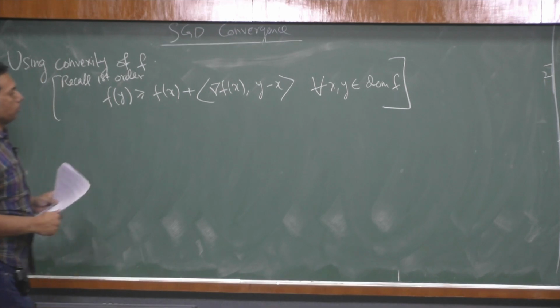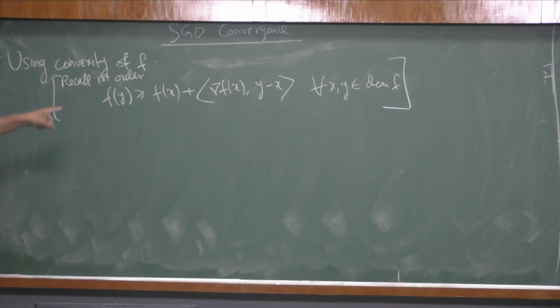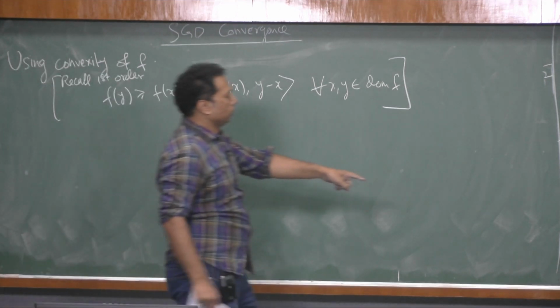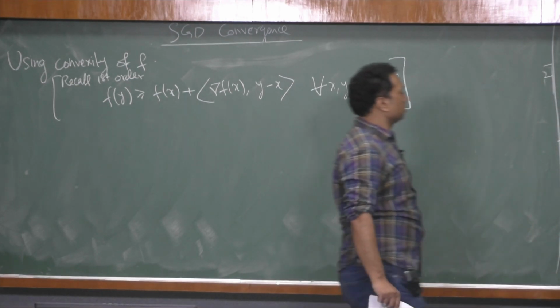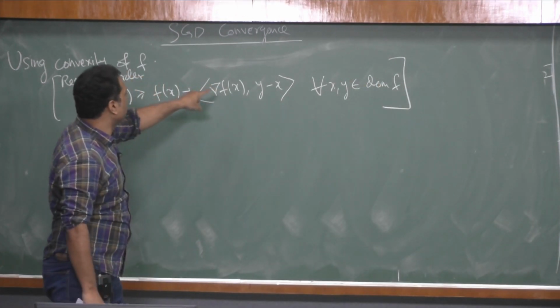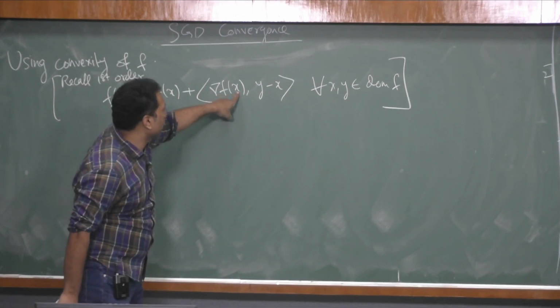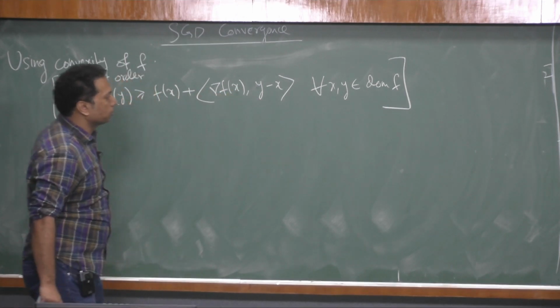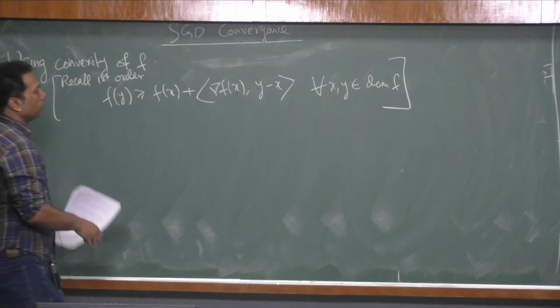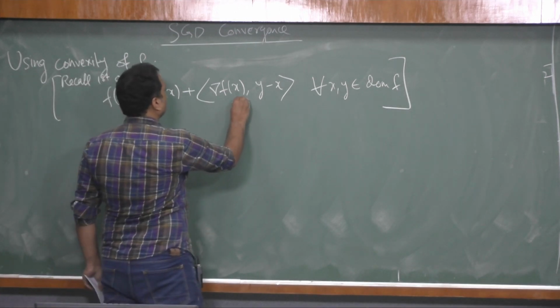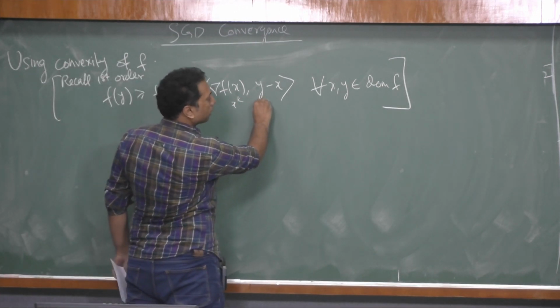So in our case, when you have to use this inequality, always look at what is with the gradient, because everything else gets fixed, then you are not confused. When I have to use this, I always look at here. What is this? xk. Then y must be x star. So in this case we will take x to be xk and y to be x star.